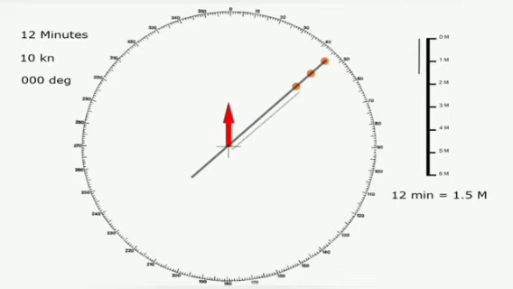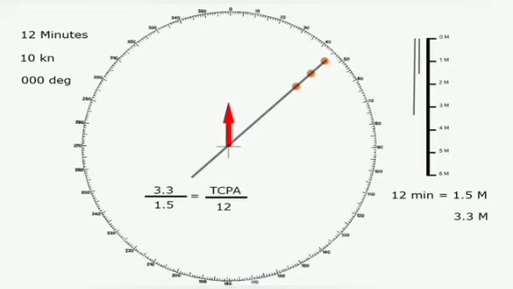Then, we need to find the distance that the target vessel has got to go from its final position until it reaches us. Again, we're going to transpose this onto the side scale and measure up to find it's about 3.3 miles. To work out how long it's going to take to travel that, we need to do a ratio between these. The ratio of 3.3 to 1.5 will be the same as the time to go to 12.